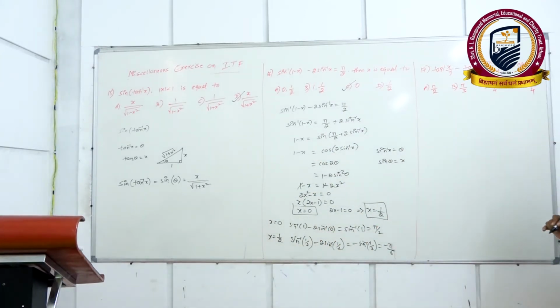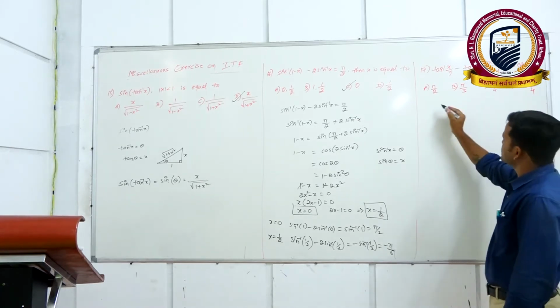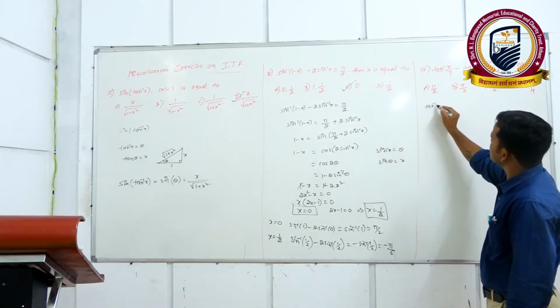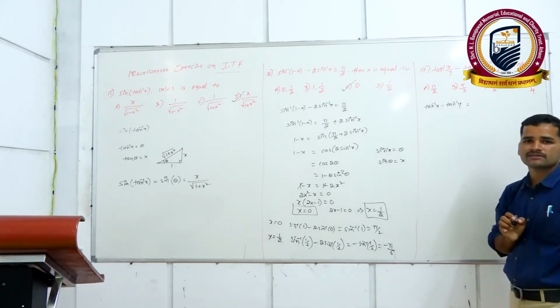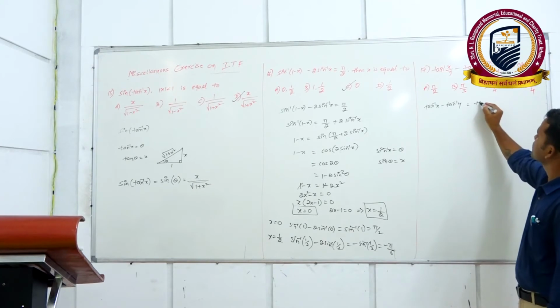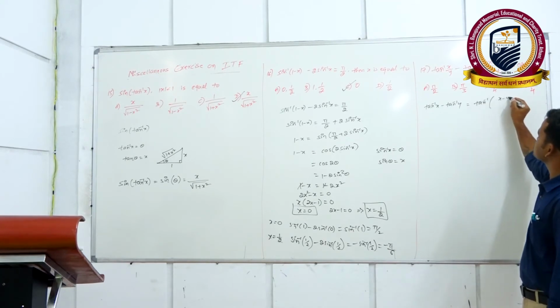Coming to problem number 17, tan inverse of x by y minus tan inverse of (x minus y) by (x plus y). It is directly like tan inverse of x minus tan inverse of y. The formula is tan inverse of (x minus y) by (1 plus x into y).